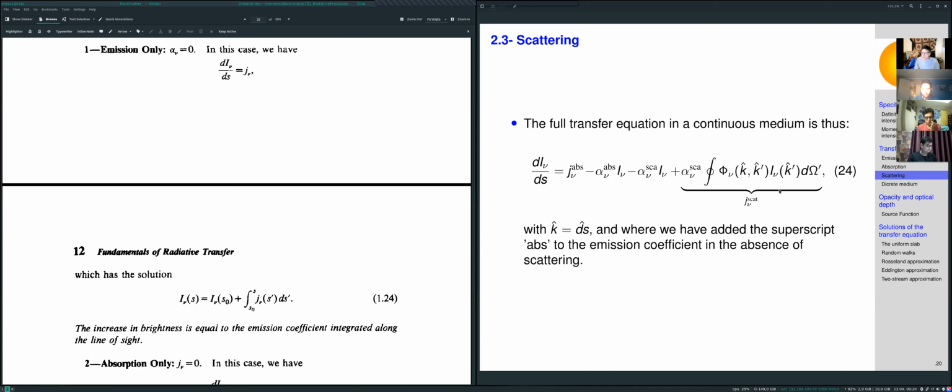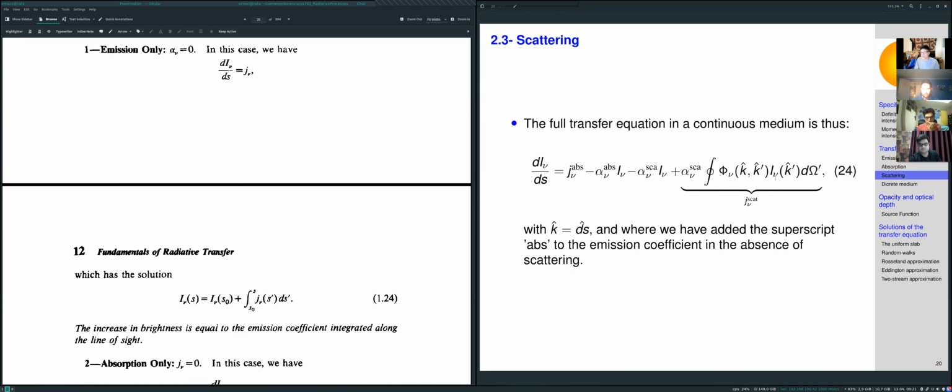Now, if you look at equation 24 in my lecture summary, you can see that this term, J nu scattering, is similar to J nu connected to the absorption. But this term is complicated. It depends on the incident intensity.